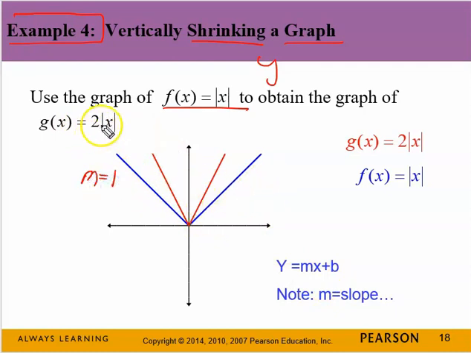Now, when we put a 2 out there, that's going to be a slope of 2, and that rises up, gets closer to the y-axis. So from its broader position in blue to its closer, shrinking position in red. This is, I think, a good example of vertical shrinking of a graph.